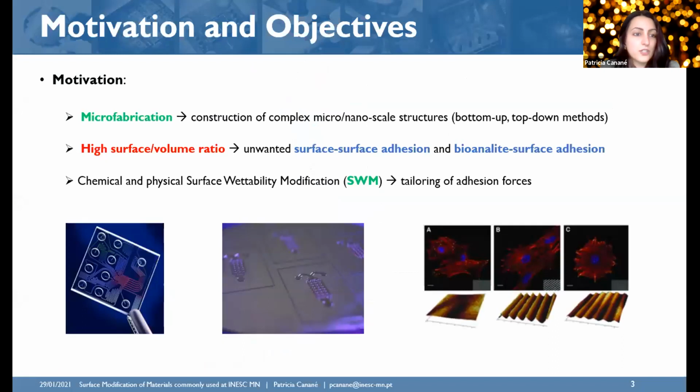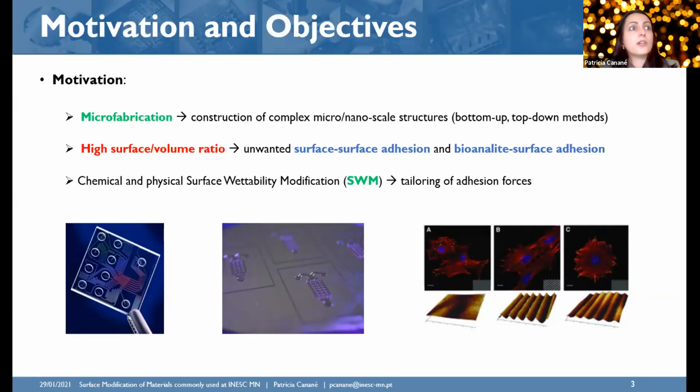Moving on to the motivation of this work, microfabrication allows us as users to fabricate very complex structures at the micro and nanoscale. And one field of science that is highly influenced by microfabrication is microfluidics. However, when we are working at the micro and nanoscale, there is a high surface to volume ratio, which can lead to unwanted surface to surface adhesion.